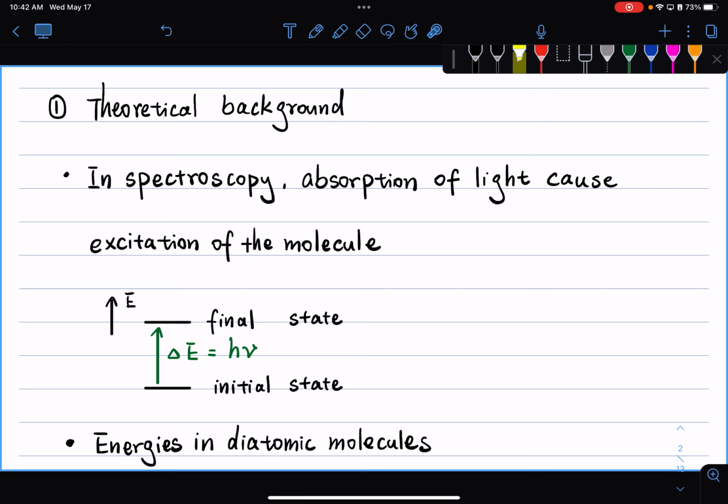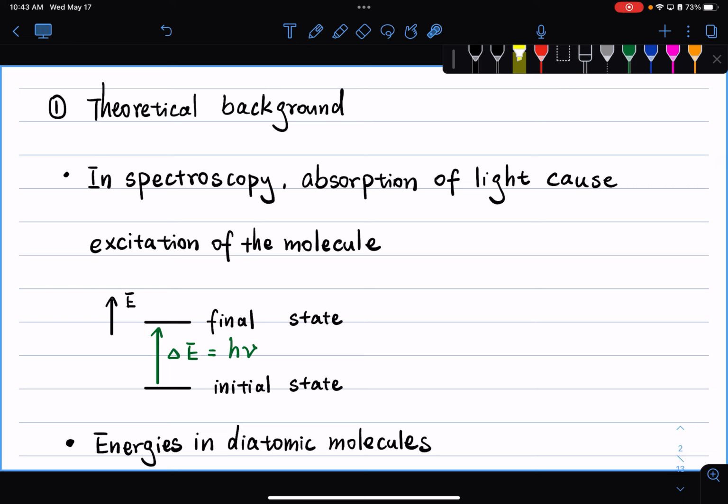So in spectroscopy, whatever we're measuring depends on the wavelength of the light you're using. We're always talking about an initial state and a final state. And by absorption of energy in that light, you're switching from the initial state to a higher lying final state. And spectroscopy tells us information about the delta E between that initial state and final state.